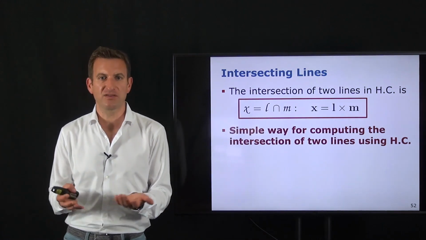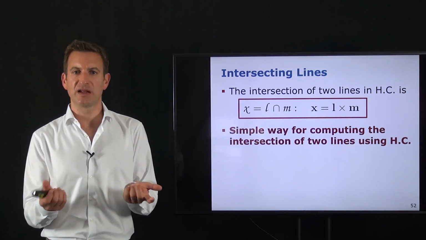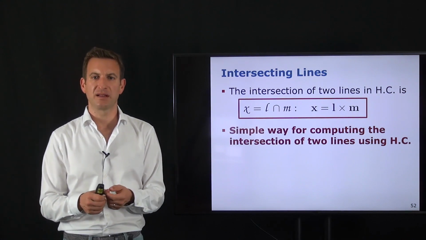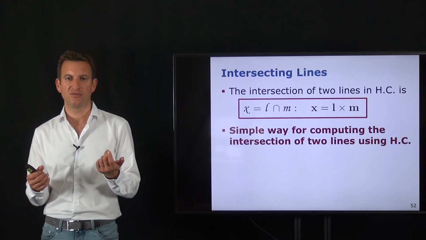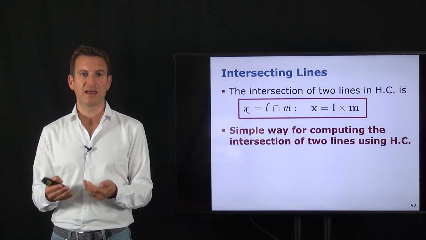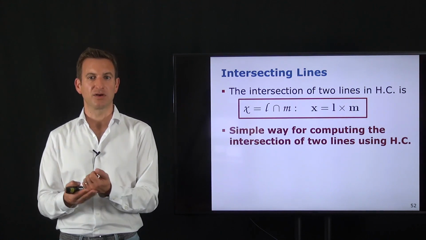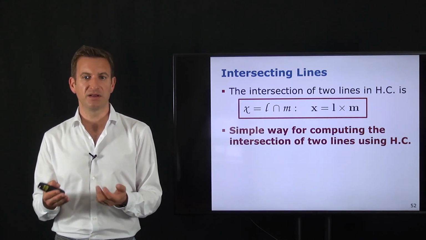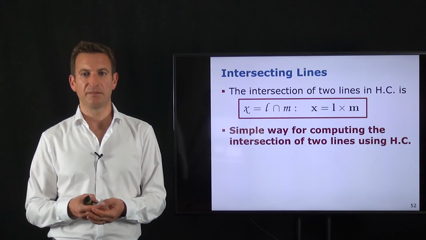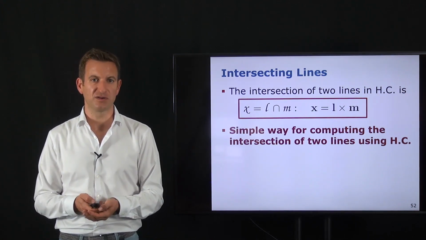So just to summarize this, we said to test if a point lies on a line, we use the dot product of the point and the line, and it must be 0. And if we want to compute the intersection of 2 lines, we obtain the point x as the intersection point of L and M just by computing L cross M. So it's a very simple and elegant way for computing the intersection of 2 lines using homogeneous coordinates.